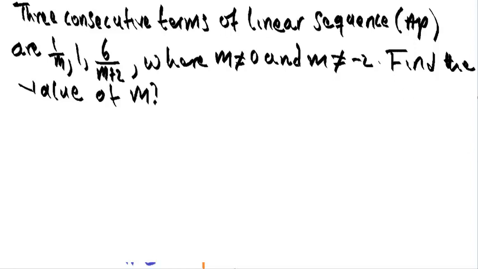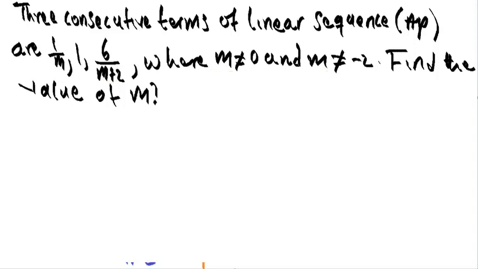So we have these statements given there. I'm simply telling you that if m is equal to 0, it will make the first term here undefined. And if m is -2, this one too will be undefined. So m is not equal to 0 and m is not equal to -2.